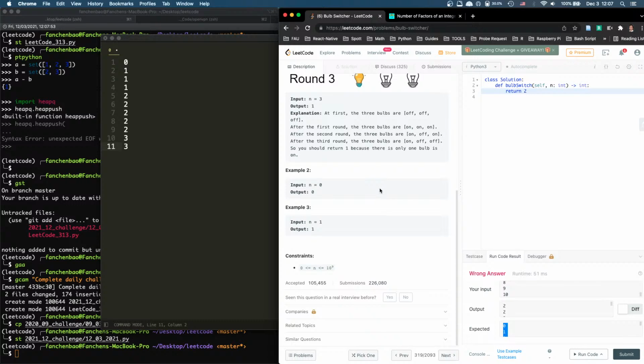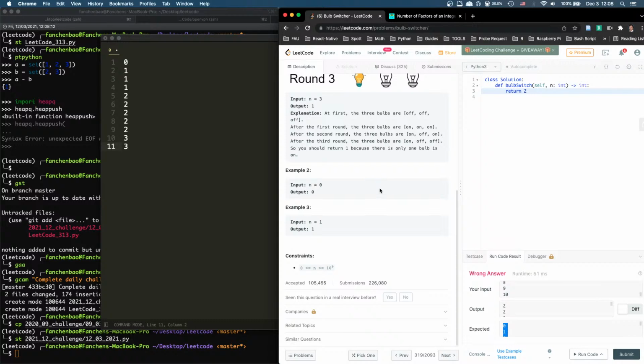Oh, actually not 25. 16. I have to pop out 16. 16 pop out. 64 goes in. Now 25 pop out. 100 goes in. Next one, 36 pop out. Boom, explode. And that's it.